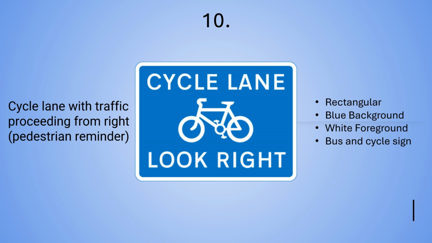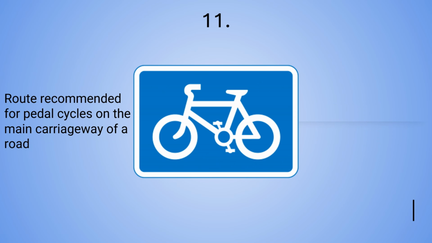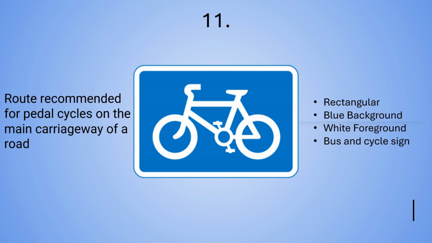However, on this particular sign, it says look right. Sign number 11. This sign means route recommended for pedal cycles on the main carriageway of a road. The sign is rectangular in shape on a blue background with a white foreground, and it's a bus and cycle sign.